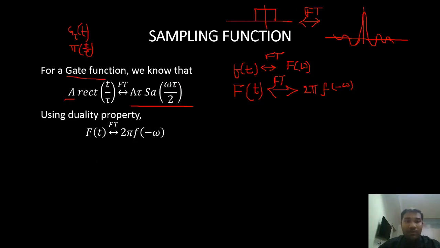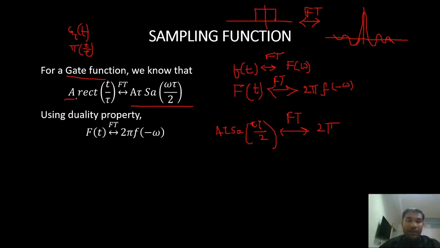So a tau sampling t tau by 2 has the Fourier transform 2 pi into what is small f of t?